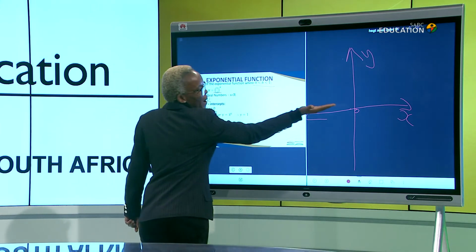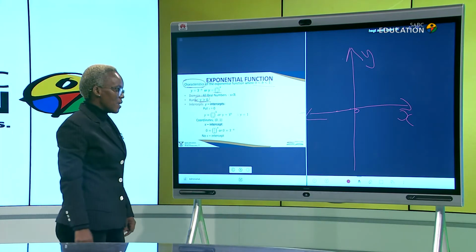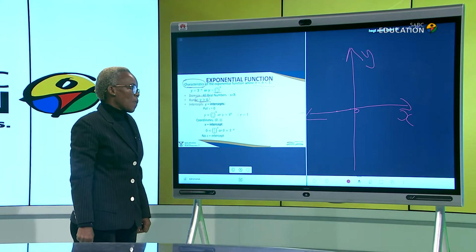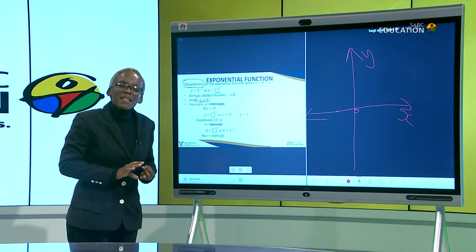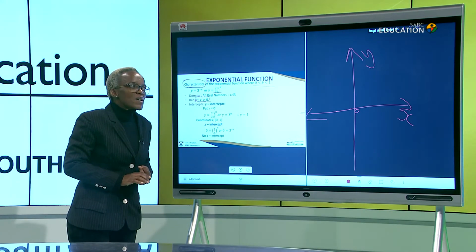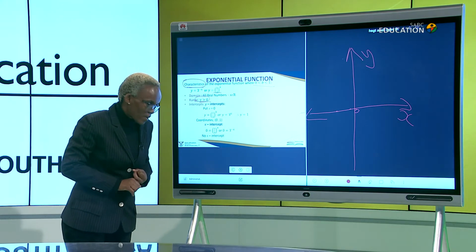So it will be above, but it doesn't touch the x-axis. The intercept, we have two intercepts, the y-intercept and the x-intercept. It's because our system of axes has got the x-axis and the y-axis.